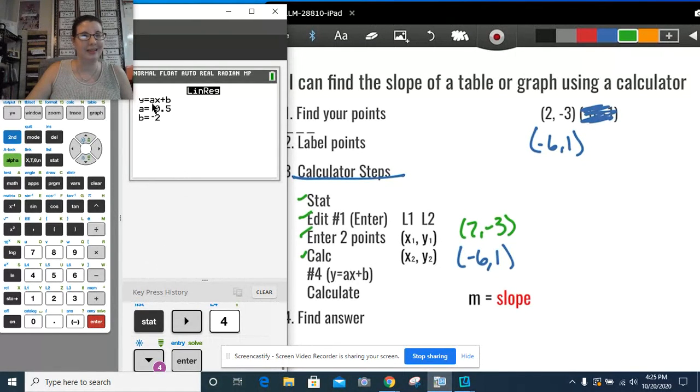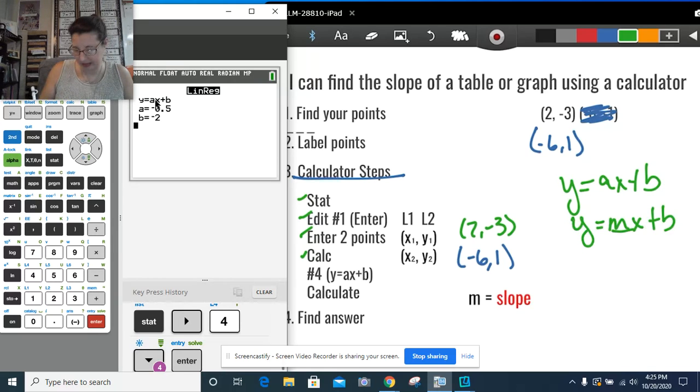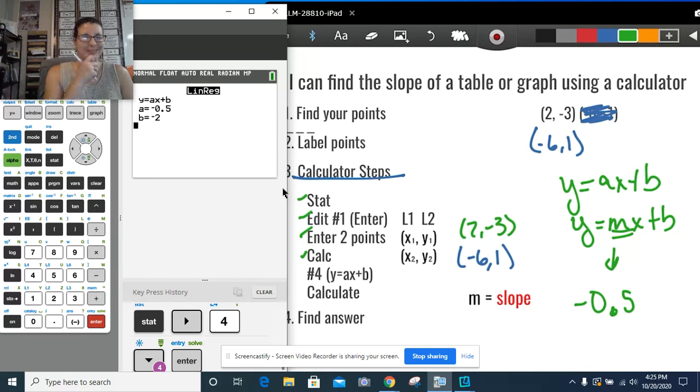And there, this A is our slope. So although they call it y equals AX plus B, it's y equals MX plus B. And that M calculated for us was -0.5. Now, when you're looking at your answers, 0.5 probably won't be in your answers. If I turn that into a fraction, what fraction is 5/10?